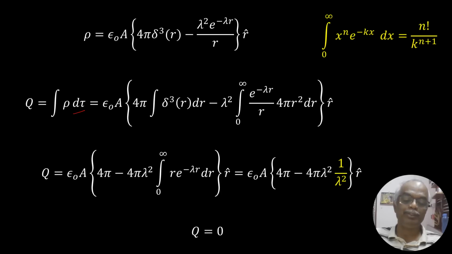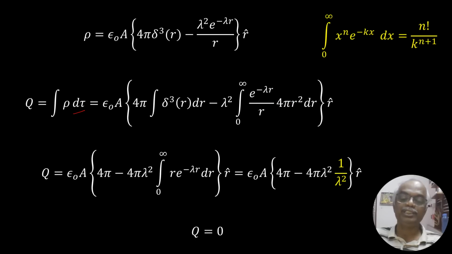So this can be taken as epsilon naught A. Here you take the 4 pi, you are integrating delta Q R over dr. Then you come to the next term, you have lambda squared. I am taking lambda squared outside, and this e power minus lambda r over r inside the integral. That is, this integral is 0 to infinity.